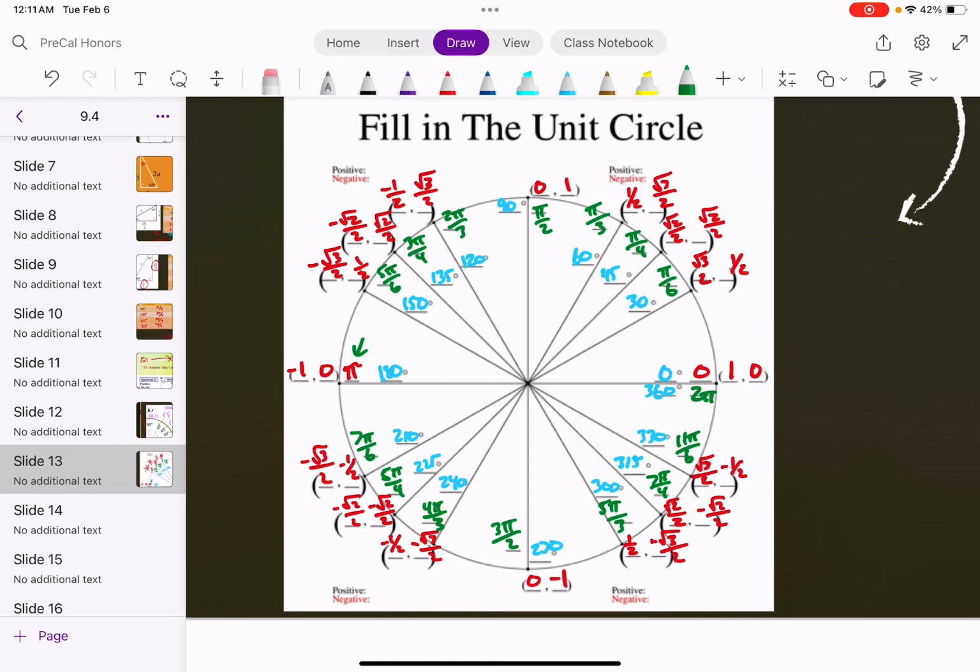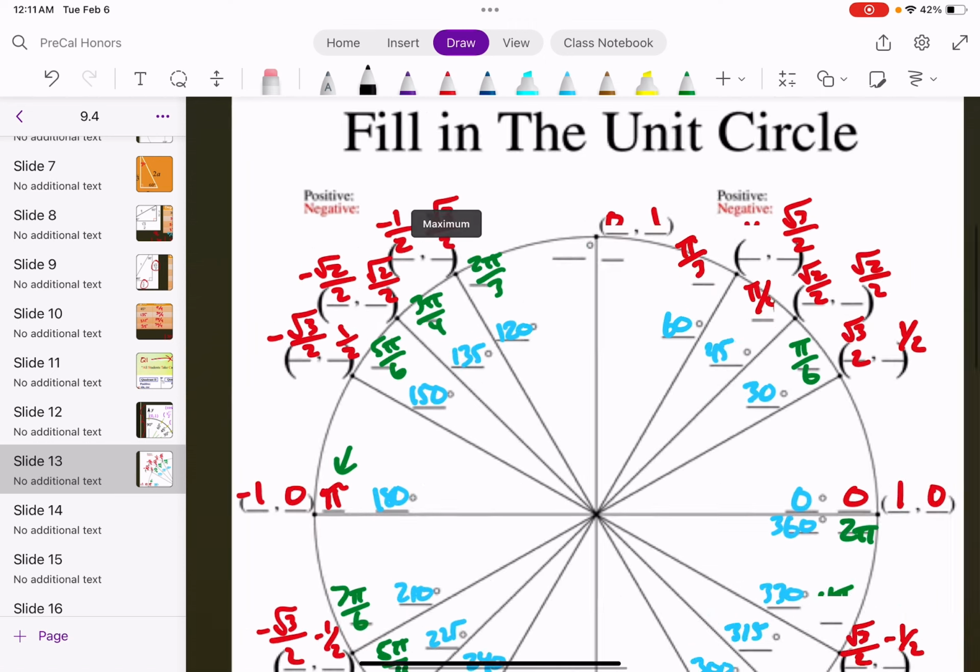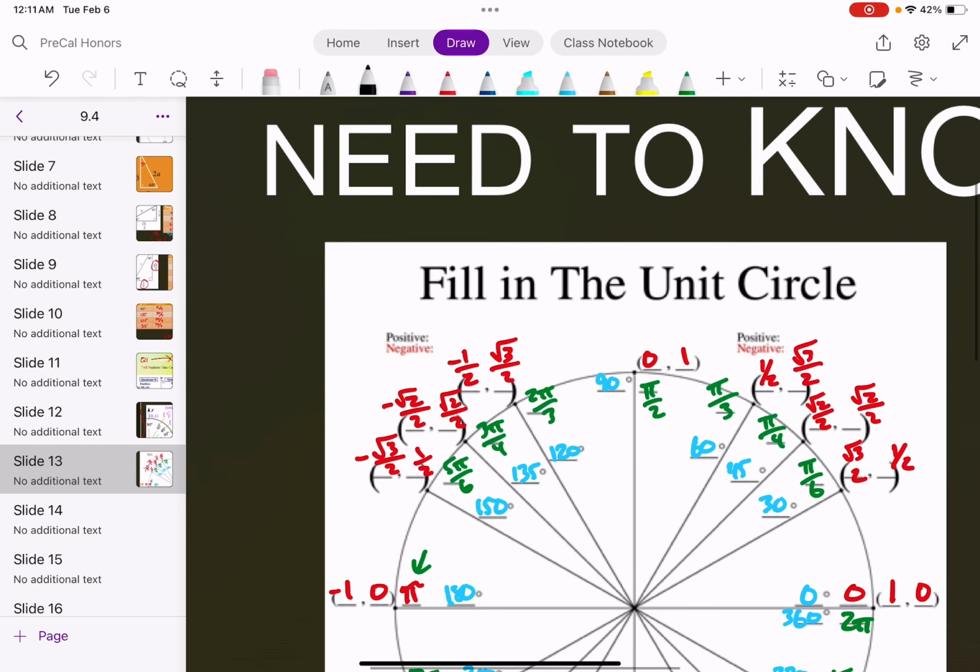Now, keep in mind, you can almost see in each one of these, we have a little area that says positive and negative. In this case, our positive would be our sine, and our negative would be our cosine.